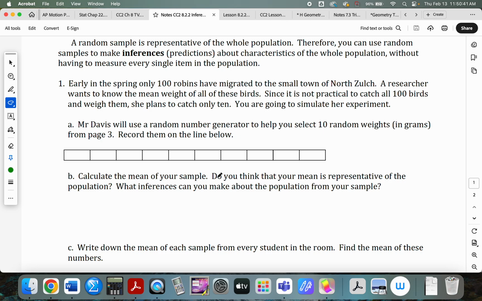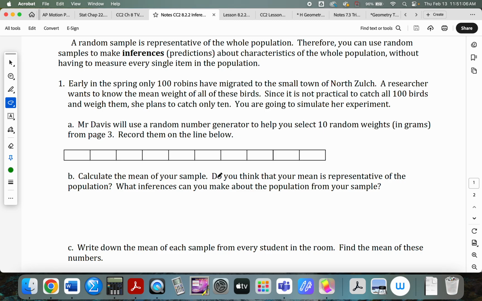Once you have your mean, I want you to add 12 to your desk number and do it again, so that you get a second sample.